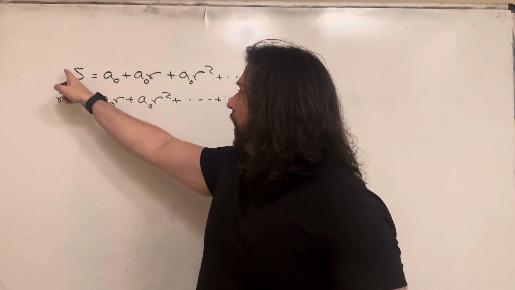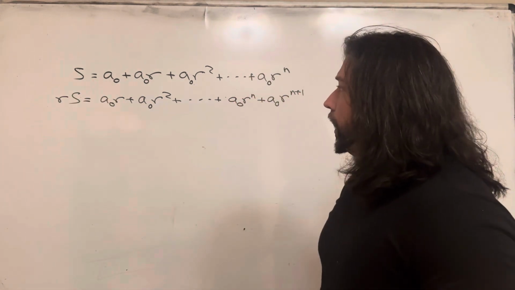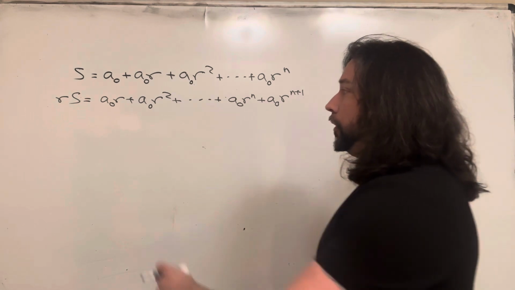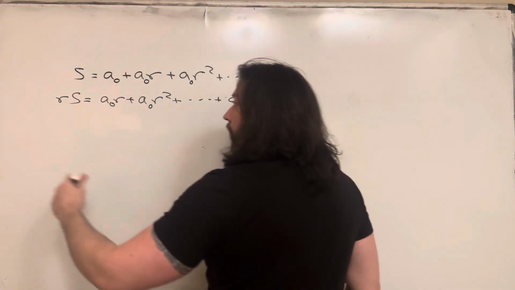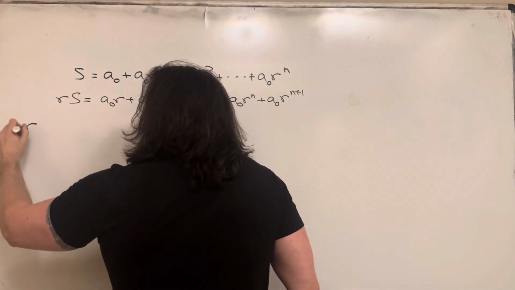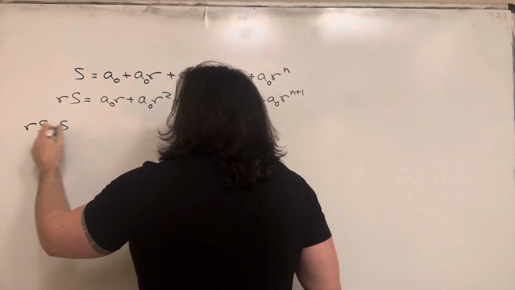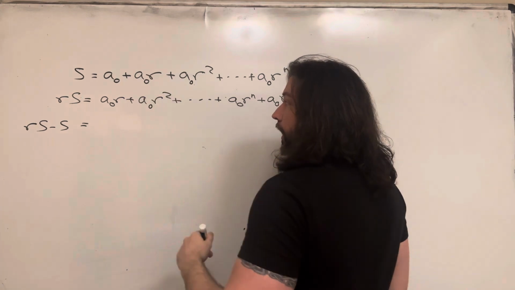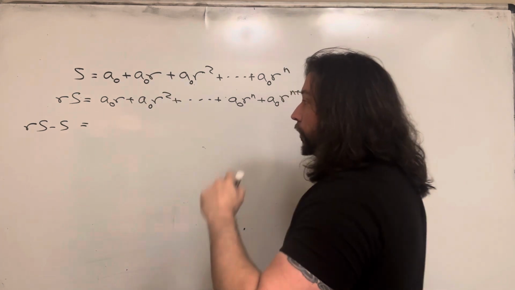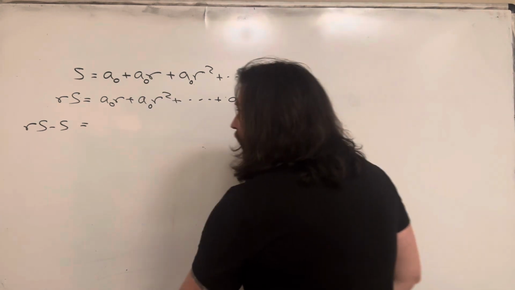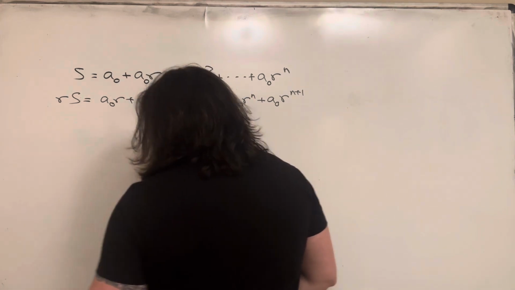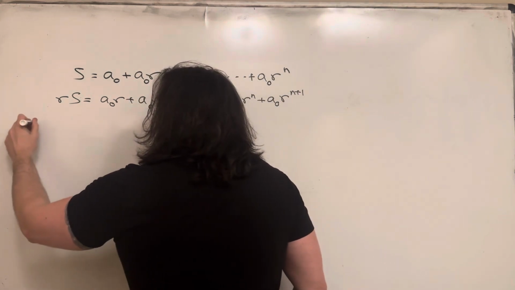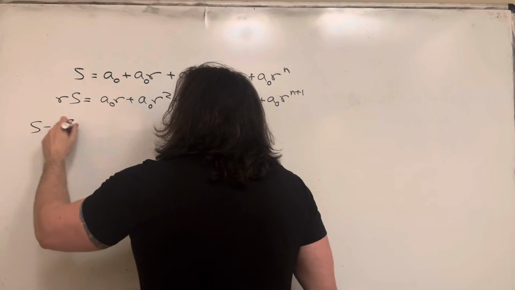So if you notice, if I subtract s from rs here, so let's do rs minus s in this case. Notice that my a naught term is going to, normally how it's done in books is we do s minus rs.